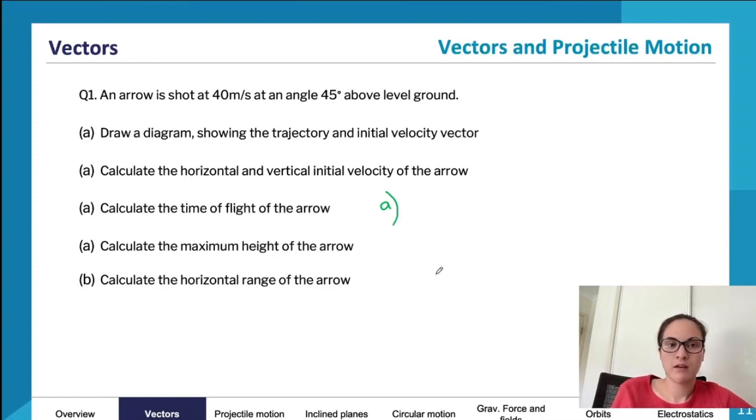Alright. So it gets shot straight up in the air like that. I'm going to say it just kind of goes down like that.